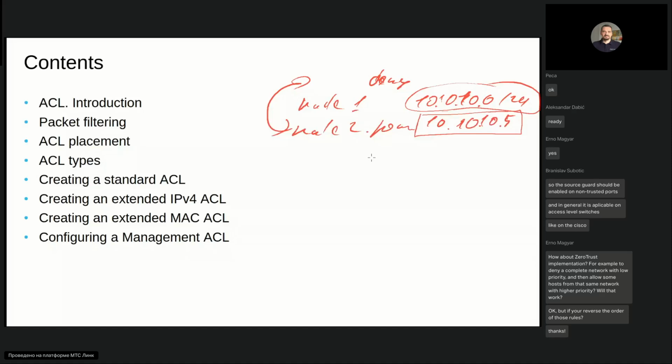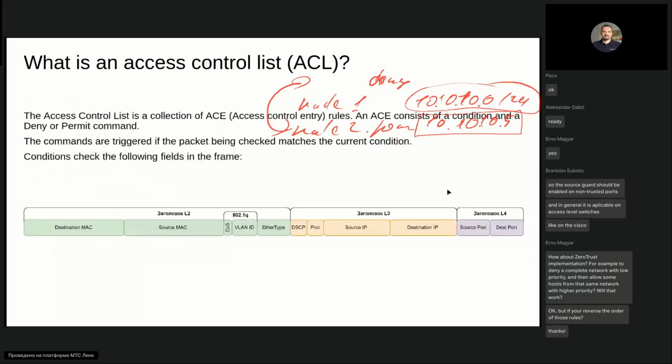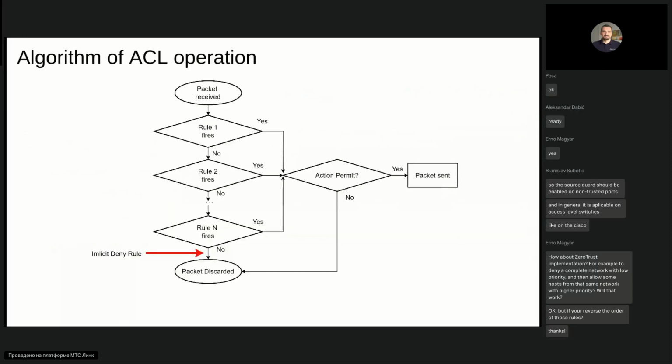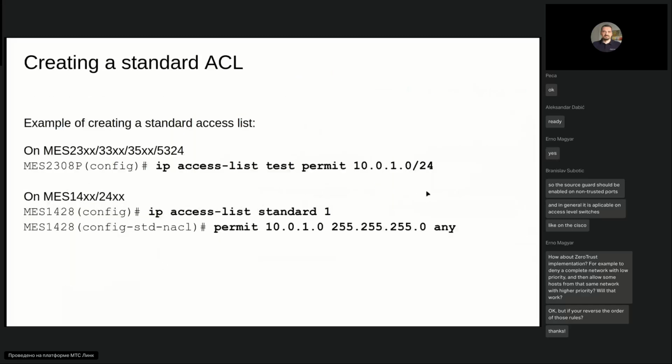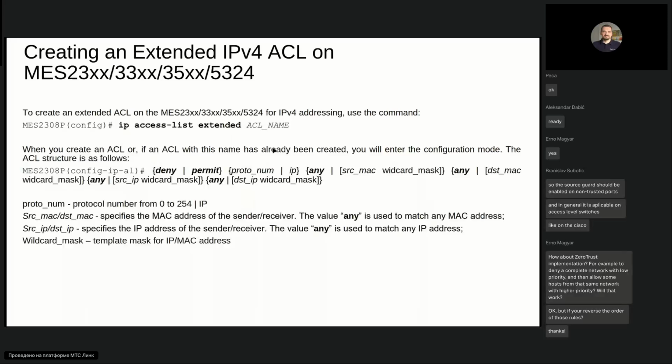Otherwise, the ACLs will not work correctly. This is called going from small to big. First smaller addresses, smaller networks, and then bigger and larger networks. Otherwise, as you see, it just won't work.